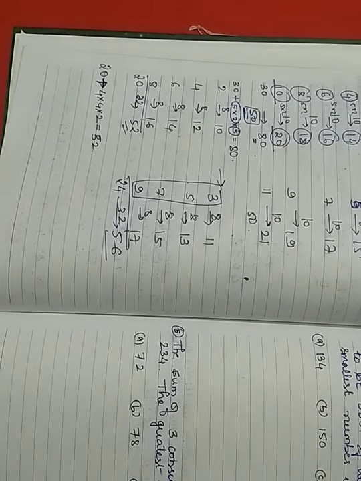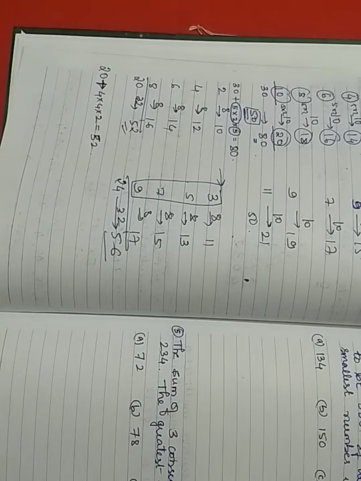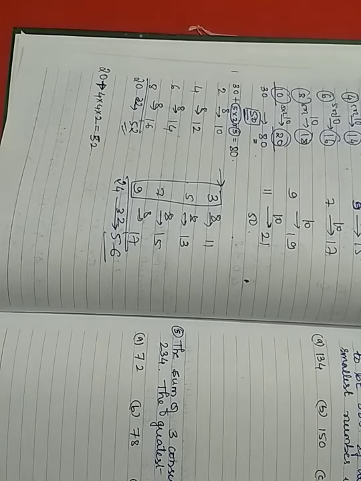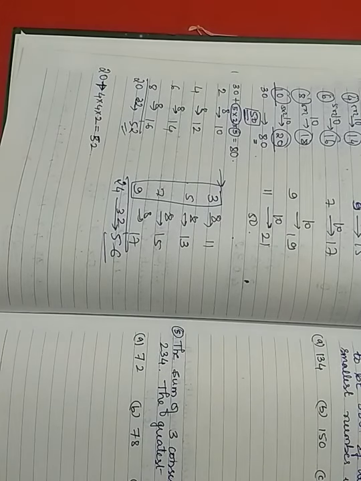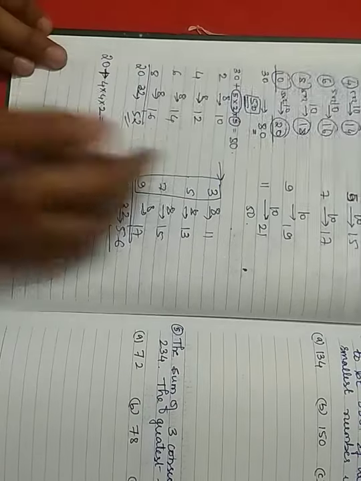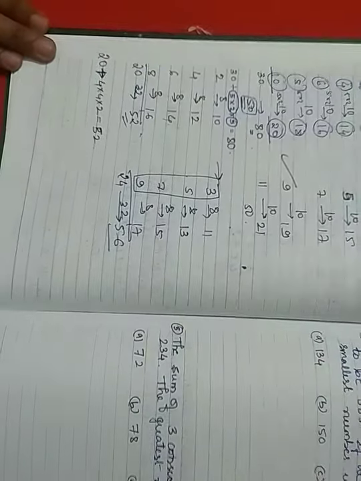Just multiply the number of consecutive numbers by 2, then you will get the difference. And how many times are you getting that difference? That is the n number itself. This is for even and odd.